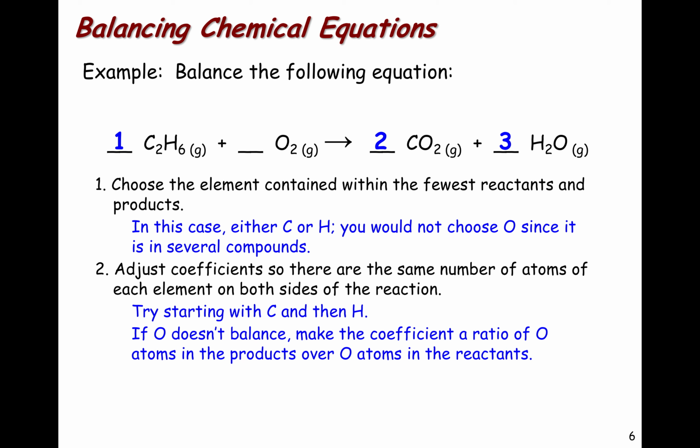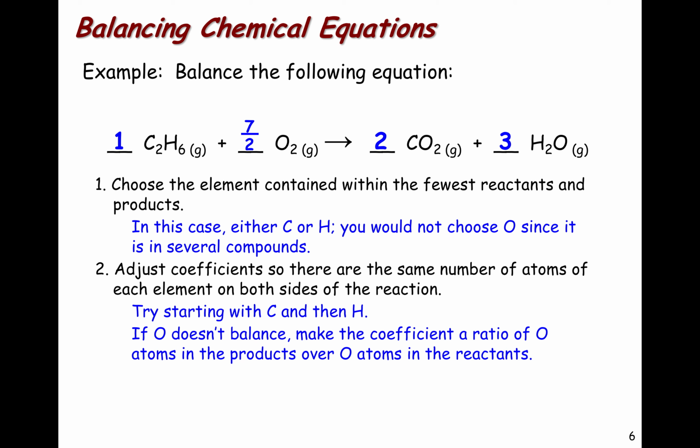This then requires that we do a little bit of fractional work at this stage, and we see that if we dealt with a fraction of 7 halves times 2, that would give us our 7 oxygens on the reactant side. However, you can't have fractions in a balanced chemical reaction.